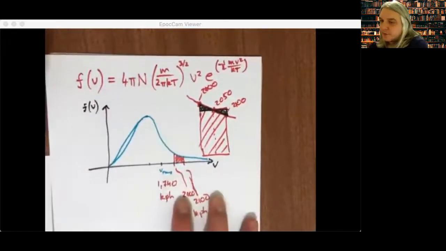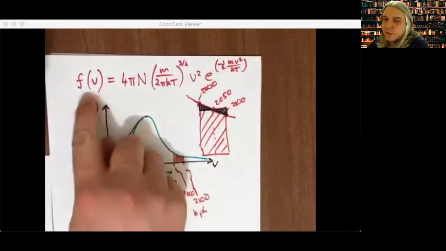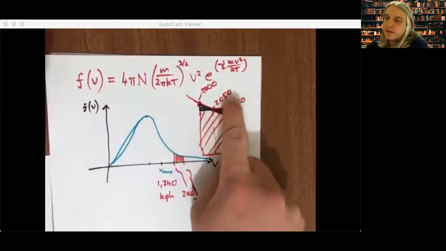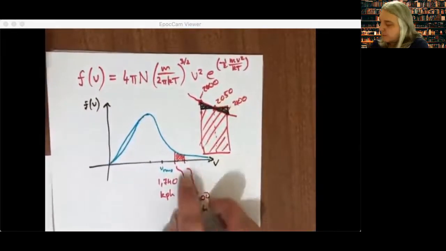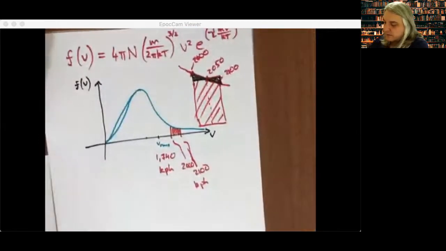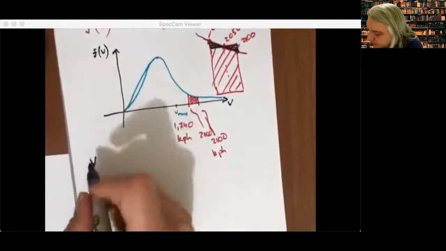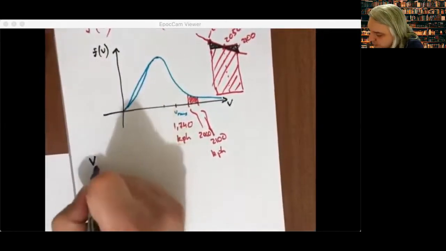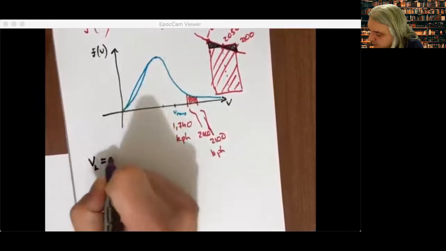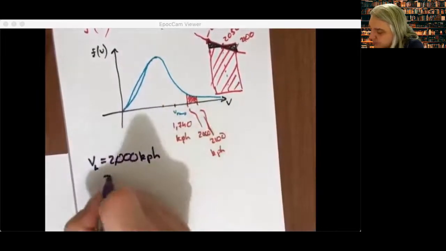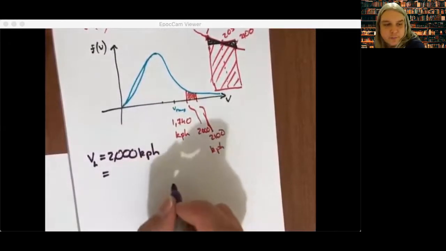And so that's the process that we're going to do. All we actually have to do is use this equation once, for the speed 2,050. Now remember, that's in kilometers an hour. So we're going to write out our three speeds. I'll call them V left, equal to 2,000 kilometers an hour, and we want to convert that into meters per second.